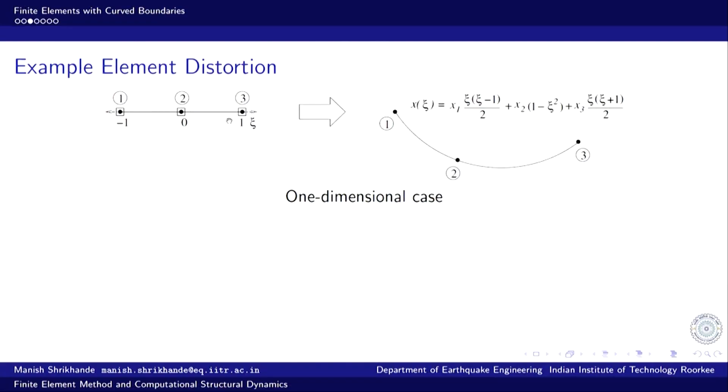So, a straightforward concept. Just to crystallize those ideas, let us look at these mappings, what we are trying to do, and that will explain the concept. This is what we have: a 3 noded parent element, straight, 1 dimensional, with the xi local coordinate ranging from -1 to +1.